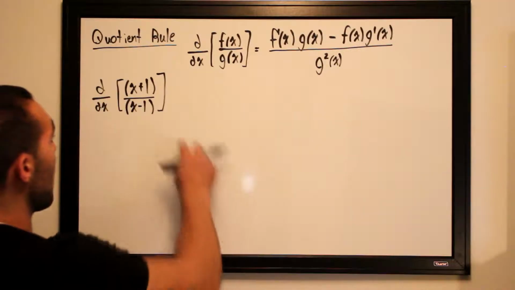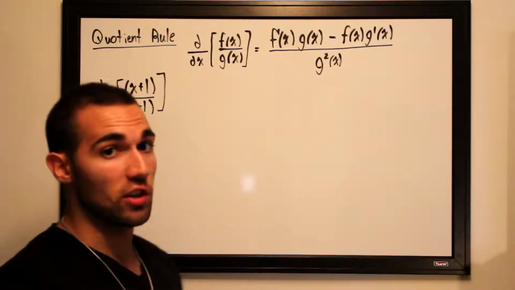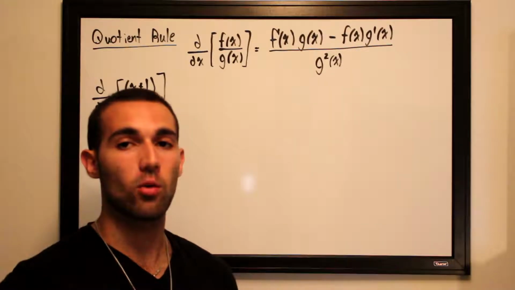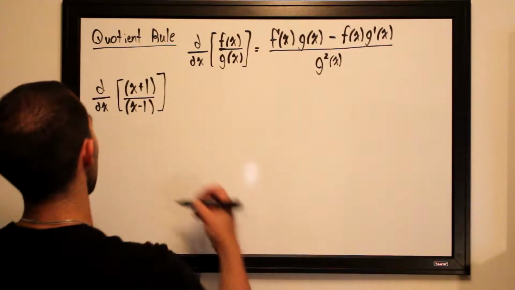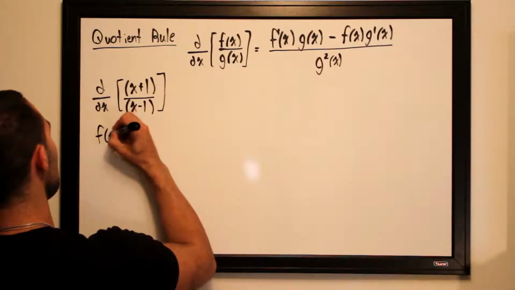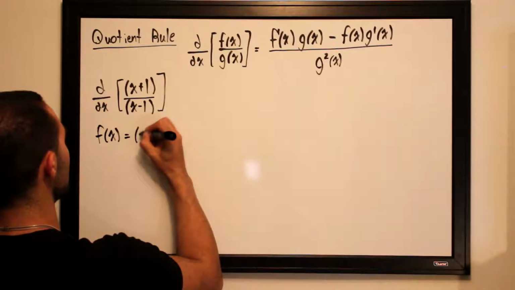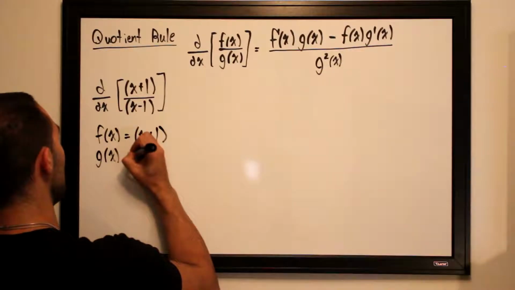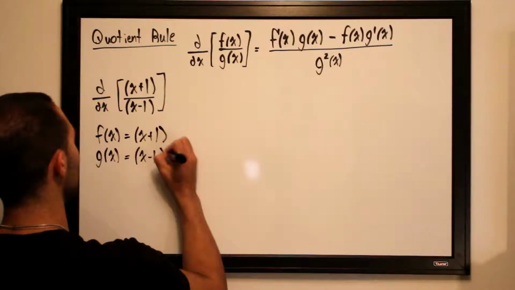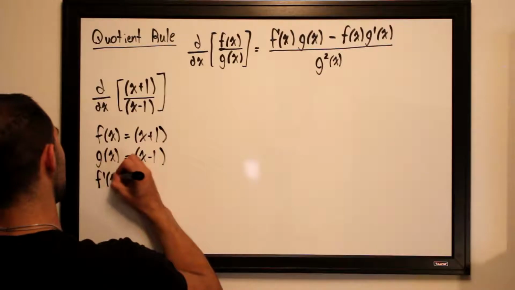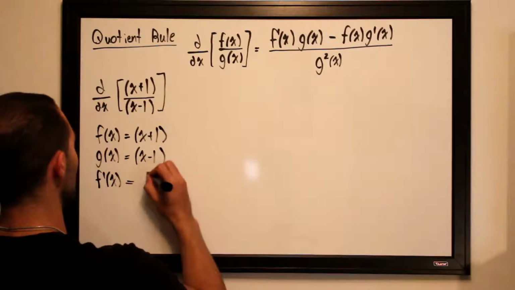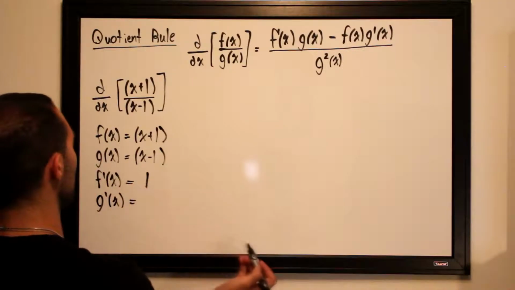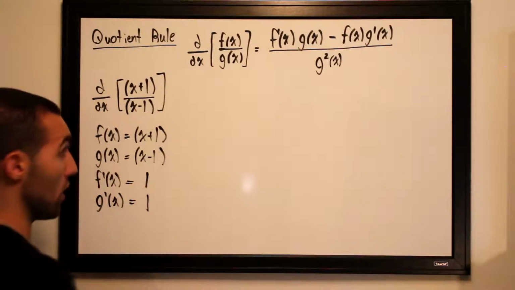So we will take our f to be the function in the numerator, our g will be the function in the denominator, and then we will take their respective derivatives. So our f of x will be our numerator, which is x plus 1. Our g of x will be x minus 1. And then our f prime of x will be the derivative of our f, which is just 1. And then our g prime of x will be the derivative of our g, which is also 1.